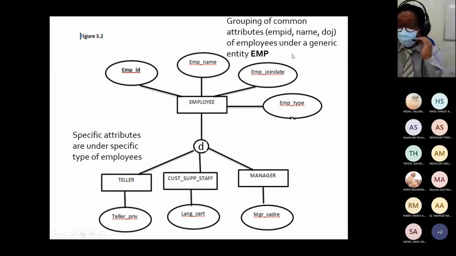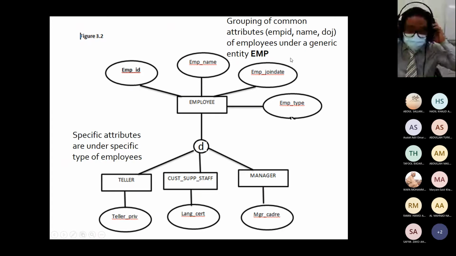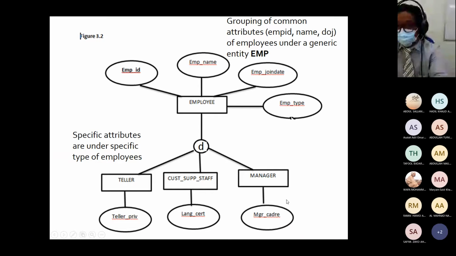Why? Because these attributes connected to the entity employee are all common to all of these subclasses from the lower level, which is the teller, which you have split, remember, like a dividing specialization.